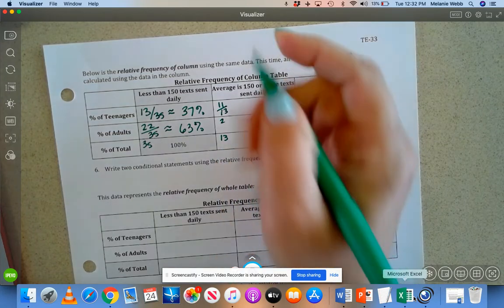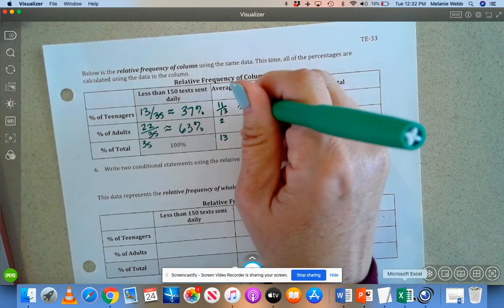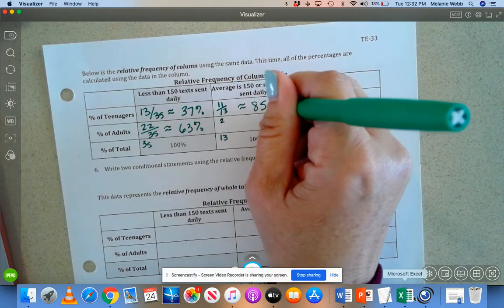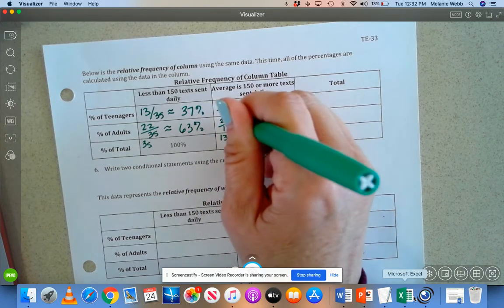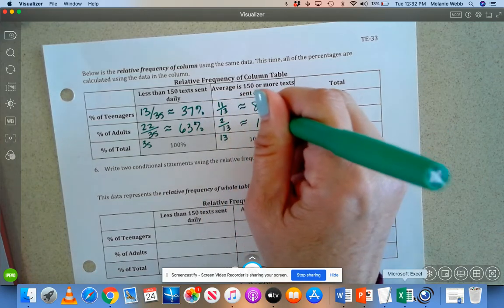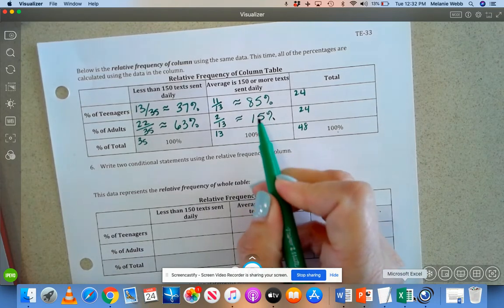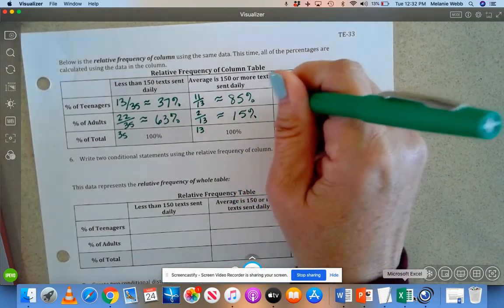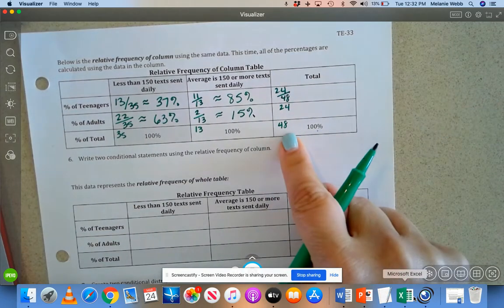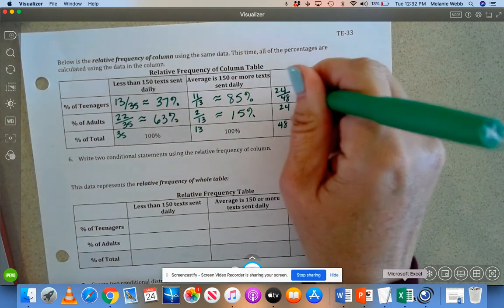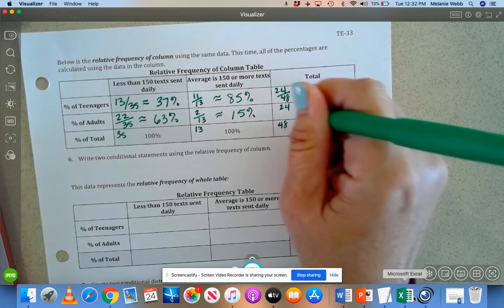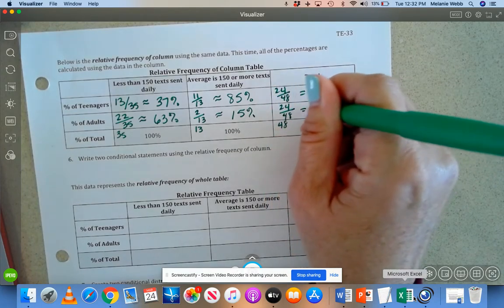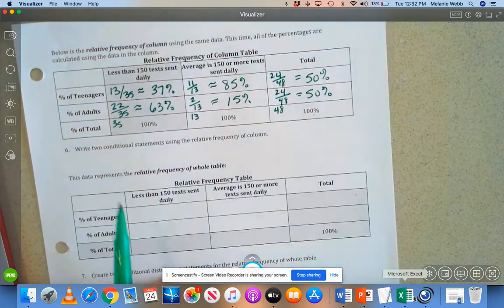So 11 out of 13 is about 85%. 2 out of 13 is about 15%, right? So 85 plus 15 is 100%. And then I have 24 out of 48, because that's my column, which is 50%, and 24 out of 48, which is 50%.